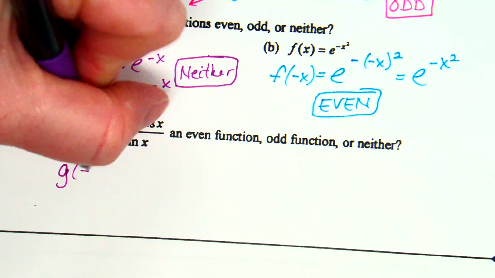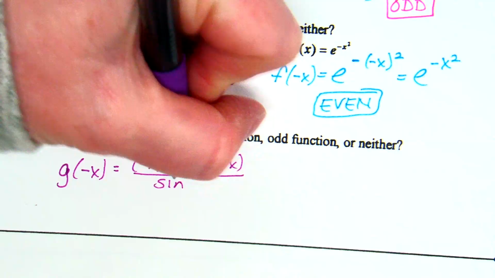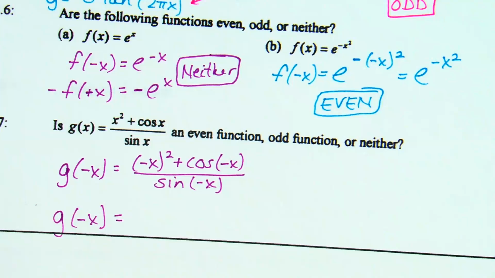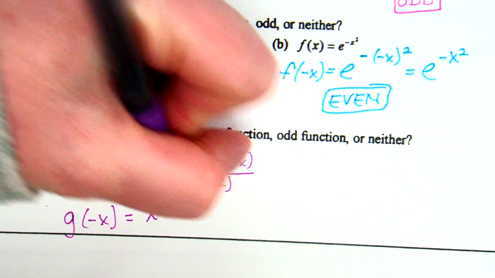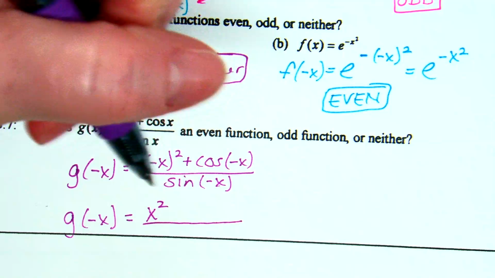So it's negative x, quantity squared, plus cosine of negative x over sine of negative x. Let's get the easy part out of the way. What is negative x raised to the second? Positive x to the second.